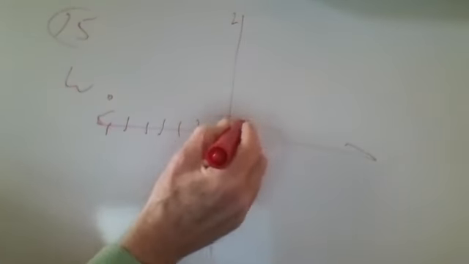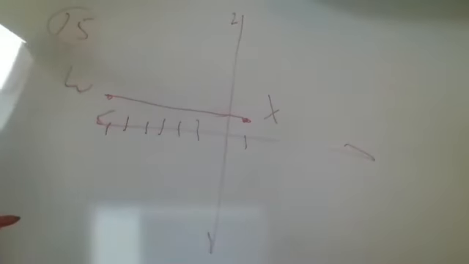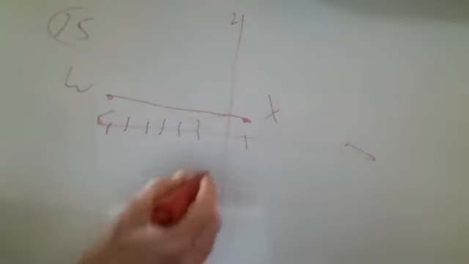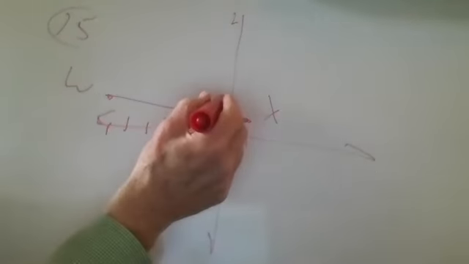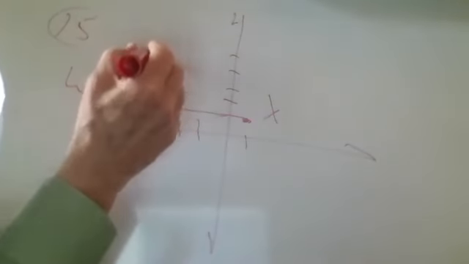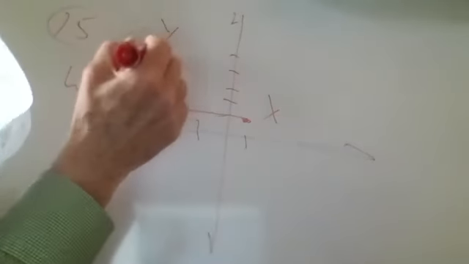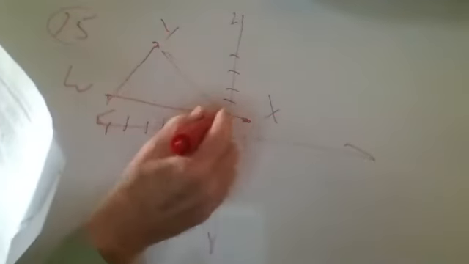And X is 1 and 1, so that's nice. We've got another horizontal segment, that makes it a little easier. And Y is -3 and 5. So Y is up here.